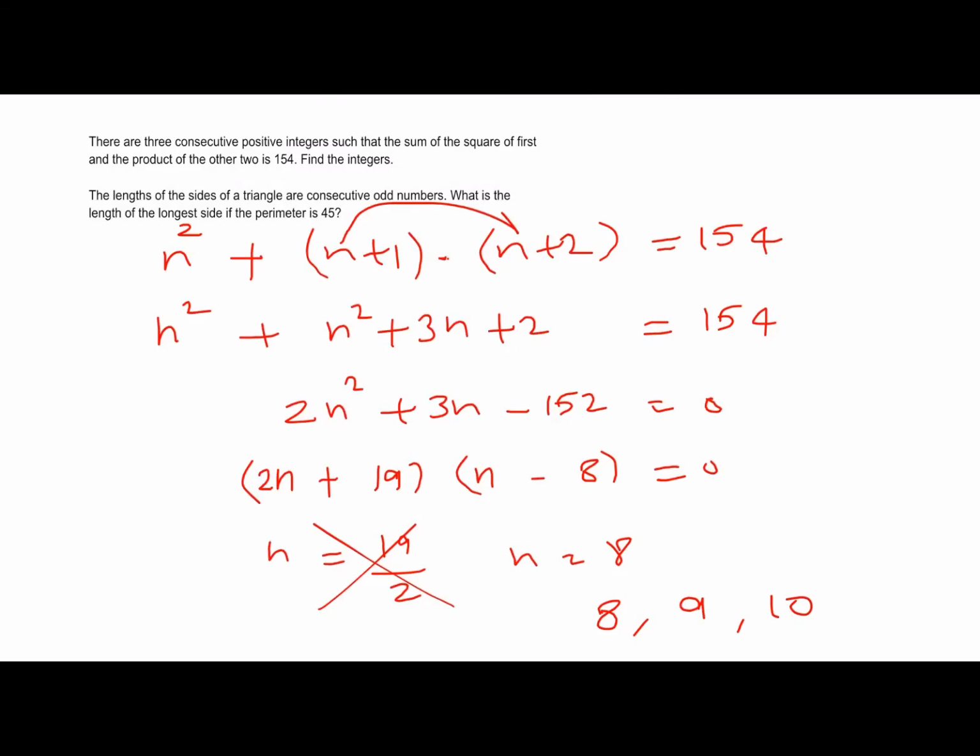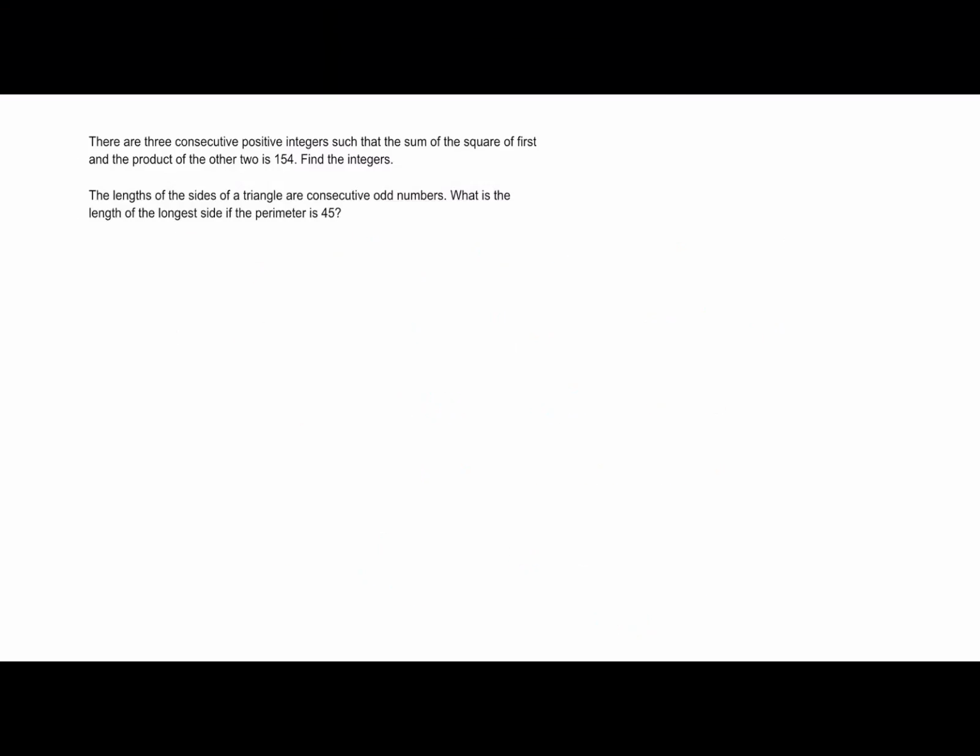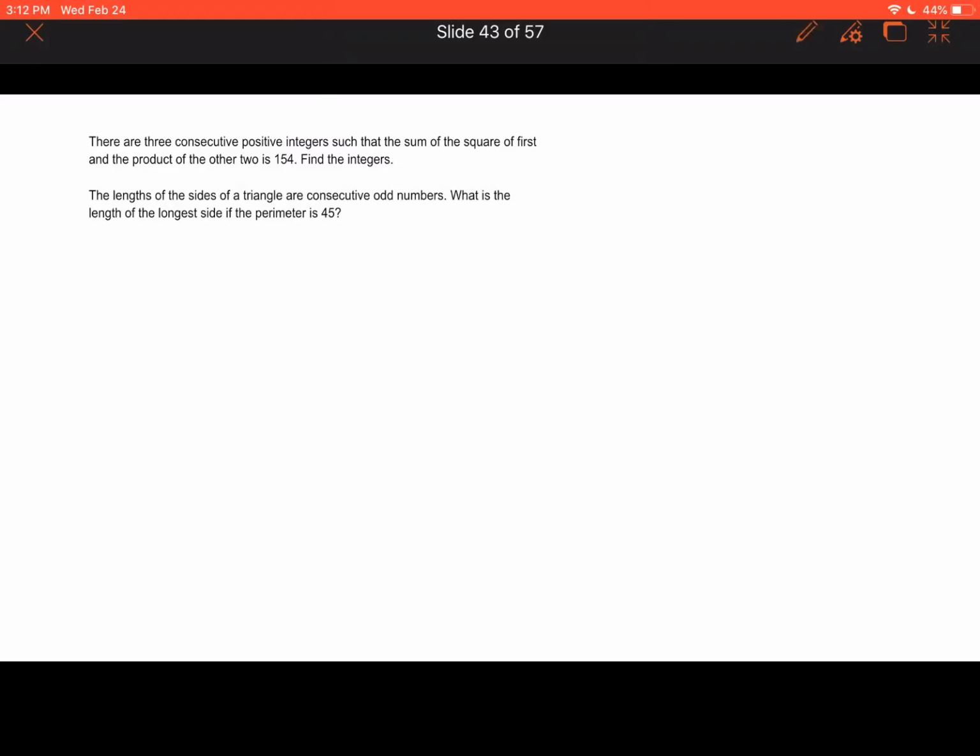Now we are going to see two application problems, how we are going to apply this concept of consecutive numbers in a problem to find out some values. So the lengths of the sides of a triangle are consecutive odd numbers. There are three sides in the triangle and they are going to be consecutive odd numbers.